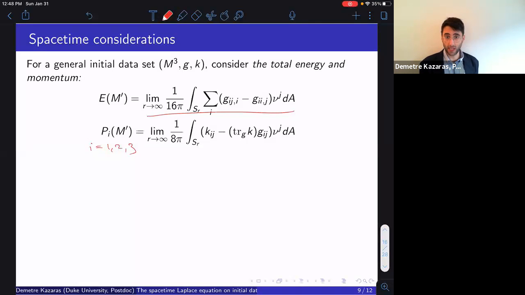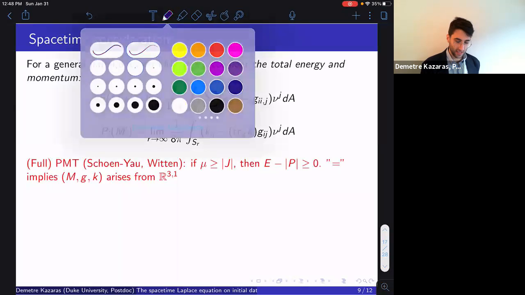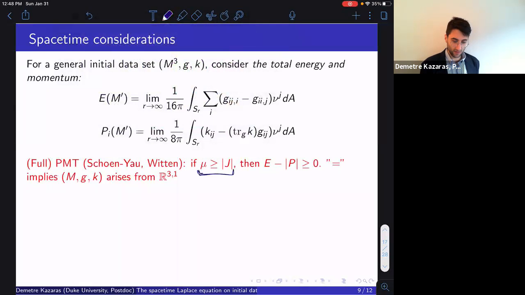Okay, so now these are at play. And again, let's see what we have to see. The dominant energy condition in this context corresponds to the local energy density being greater than the norm of the local momentum density.